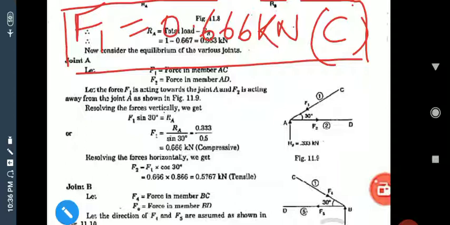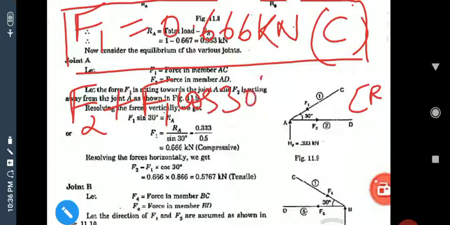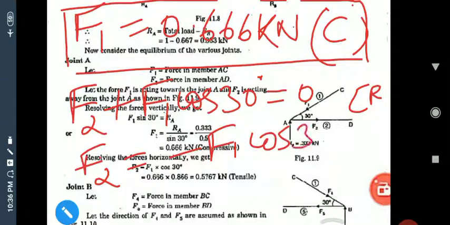Now we remember equation 1. What was equation 1? It was obtained from summation Fx equal to 0. The equation was F2 plus F1 cos 30 degrees equal to 0. Now we know the value of F1, so we can obtain the value of F2 as minus F1 cos 30 degrees.